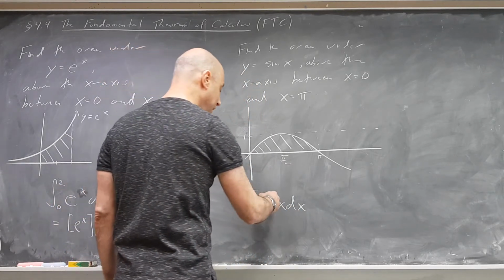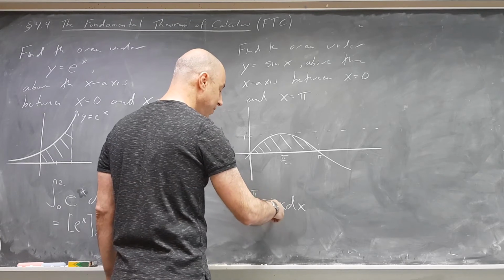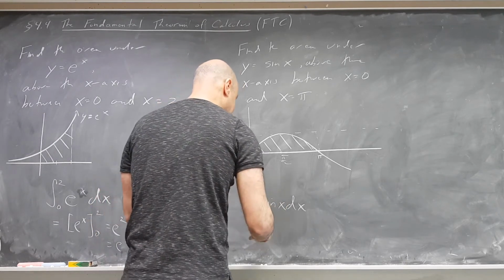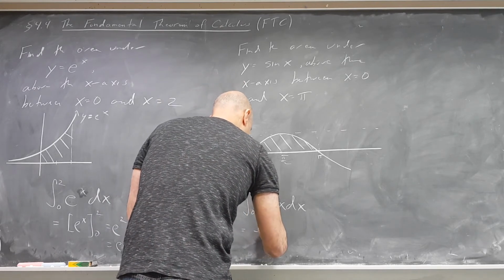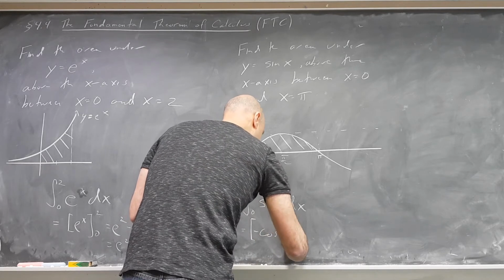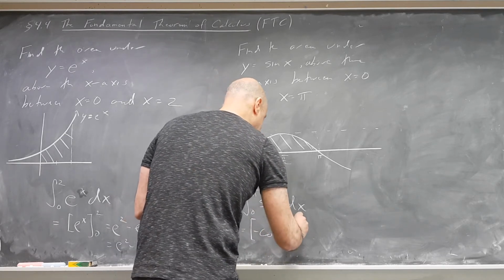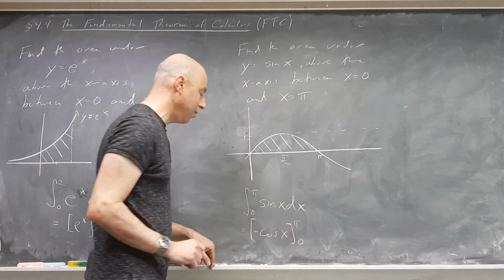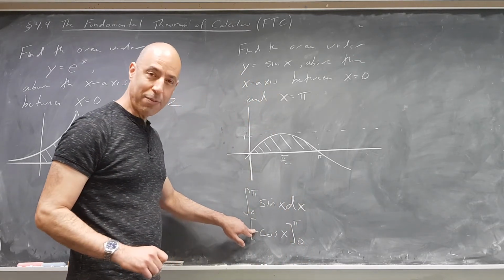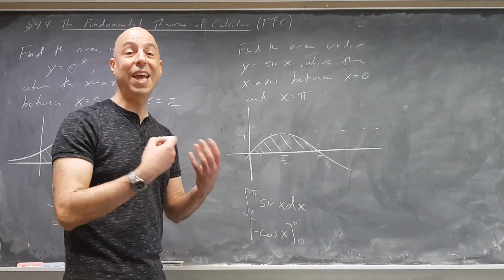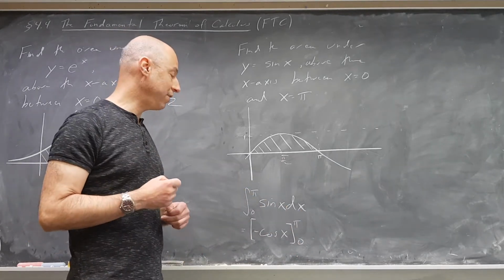We're looking for a function whose derivative is sine x, and a function whose derivative is sine x is negative cosine of x. And we're going to plug in x equals pi and subtract off what we get when we plug in x equals 0. If you're wondering, wait, what's that minus sign doing there? Remember, the derivative of sine is positive cosine of x, but the antiderivative of sine is negative cosine of x.